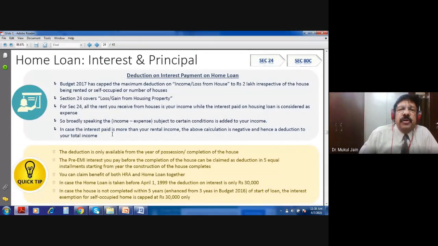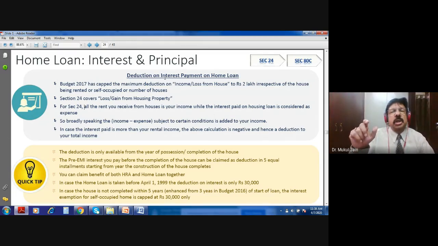So if you have taken any loan to build your own house, because government gives incentive to people who build their own house, so government is soft on them. Whatever principal amount in your EMI, equal monthly installment, there are two components, principal amount and interest amount. Suppose your total EMI comes out to, let's say, 15,000 rupees per month.